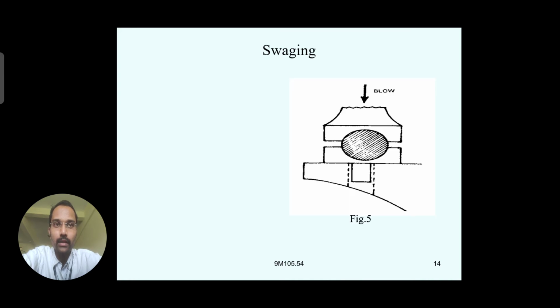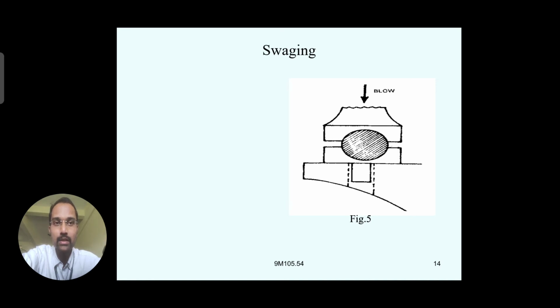Right, after cutting, we can see other operations like swaging, as we have the idea regarding the swage tool. There is a swage tool, and I think you have remembered the swage block also.